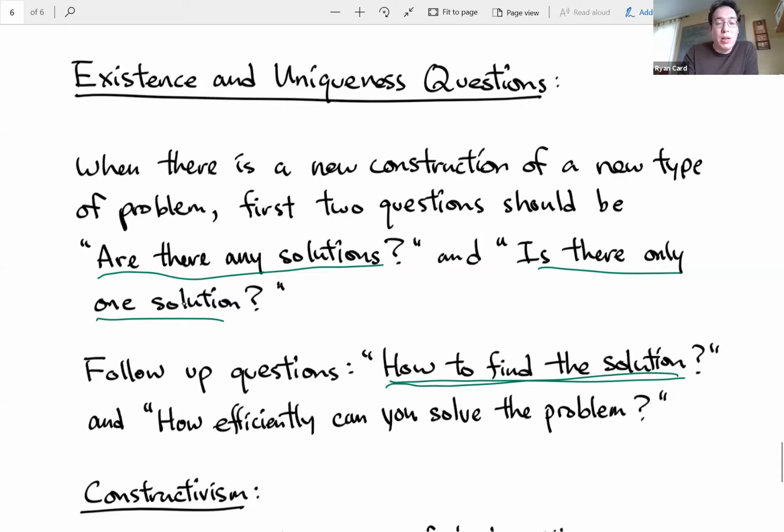This is more on the computer science side, but once you have a problem that has a solution, you might ask, what's the quickest way to get to the solution, or how efficiently can you solve the problem? And that could be an important question as well. For example, the way encryption methods work is that there's only finitely many combinations of ones and zeros.